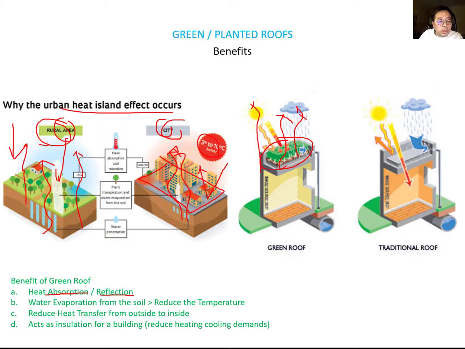The water evaporation from the soil can reduce the temperature, and you can also reduce the heat transfer between outside and inside because it works as insulation. Of course, you need another insulation, but it also increases the insulation factor and acts as insulation for the building. You can reduce the heating and cooling demand for the space.